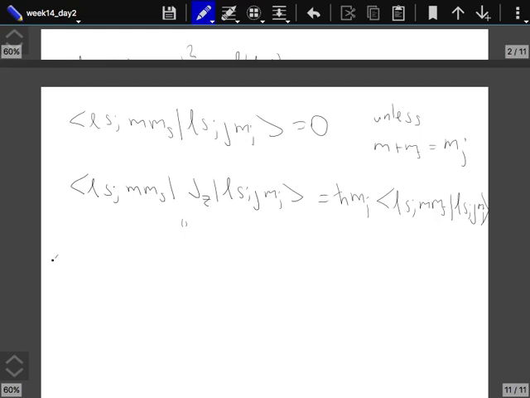On the other hand, I know that this matrix element is given by the matrix element of Jz, or Lz plus Sz. But Lz acting on the bra and Sz acting on the bra, we already know that it gives h bar (M plus Ms).